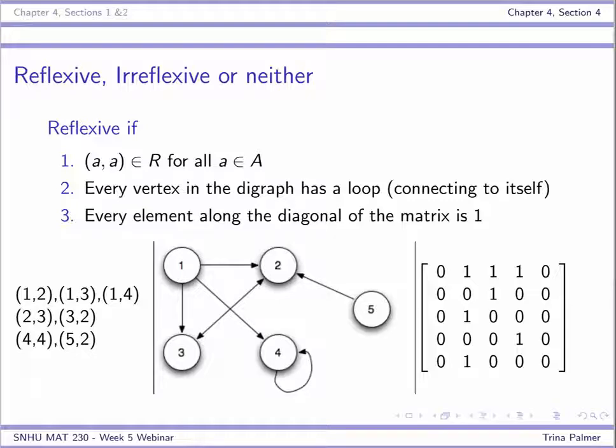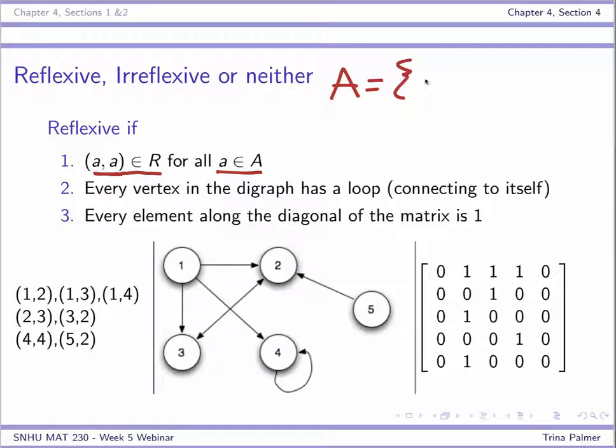Let's start with what reflexive means. Reflexive means that every possible repeated pair, (a, a), is in R. So this first condition means that (a, a) is in R for all a in A. Maybe I should write down what our A is.